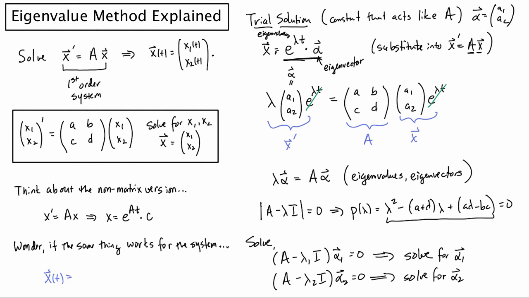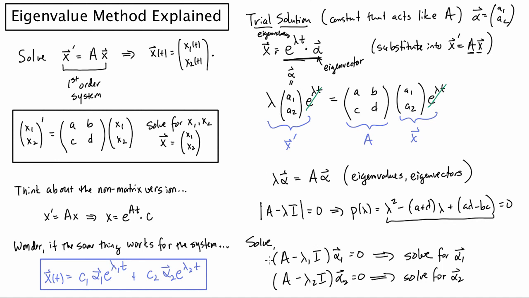So what that would look like is I would have C1 times alpha 1 e to the lambda 1 t. So this is the first solution, which we usually call x1 here. Well, I don't want to confuse that with the components, so we'll just leave it like that for now. Plus C2 alpha 2 e to the lambda 2 t. And so this is what my solutions would look like.